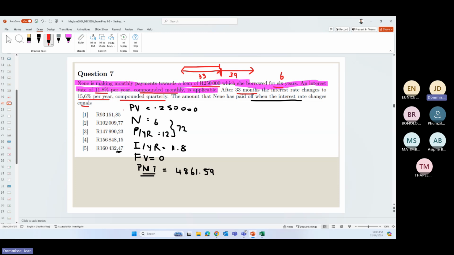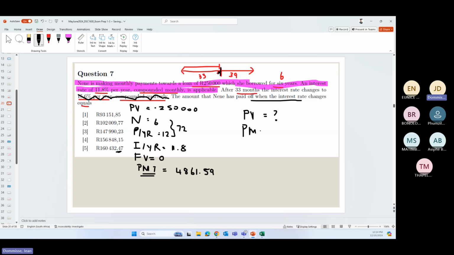So this component, we are not going to look at it at all, but I want to know at the beginning of this period actually what I have paid off. So I need to work backwards. So I need to say, the present value at the beginning of a 39 period is what? So I have my present value that I need to work out.